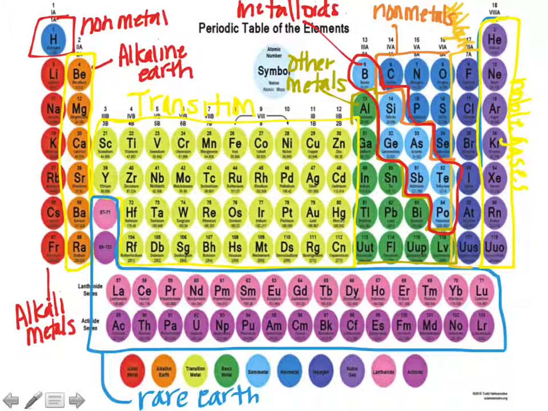That green outline, those are my diatomic elements. Those pink and purple ones at the bottom we're going to further clarify: one is called the lanthanides, and the one below it is called the actinides.